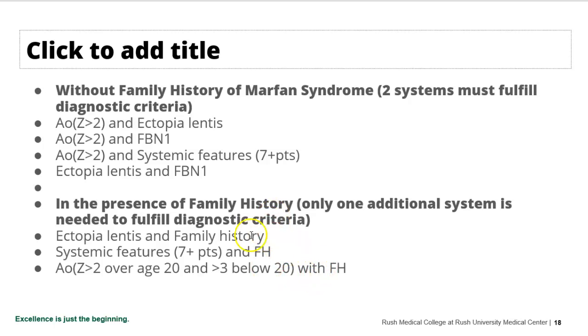And the other one should actually be a fibrillin mutation. So if a father or mother had Marfan syndrome and I had a newborn, it would be very difficult for me to make this clinical diagnosis. So if one of the parents had a fibrillin gene mutation, I would just test the baby for that.